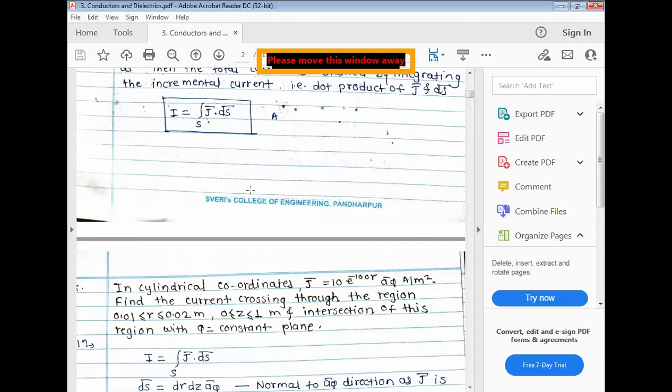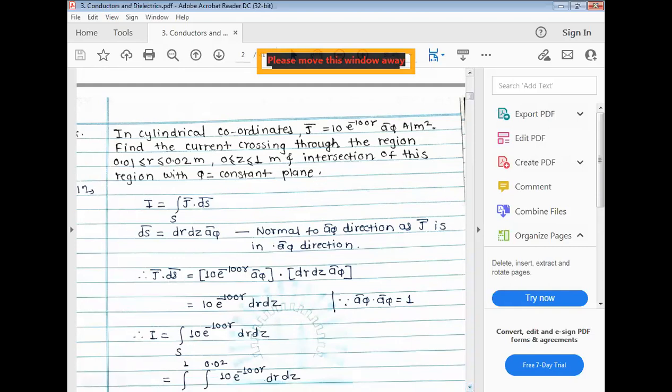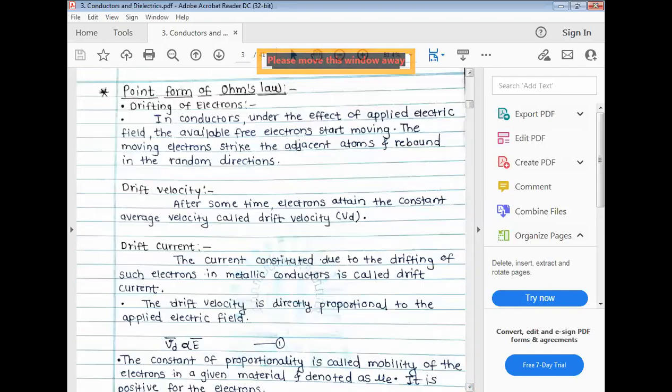From that they are asking examples, so remember, we have seen the examples also. Then the point form of Ohm's law, which is also asked in examination.